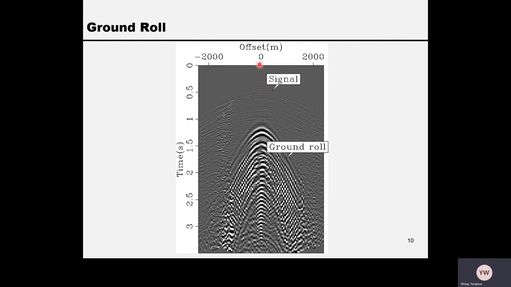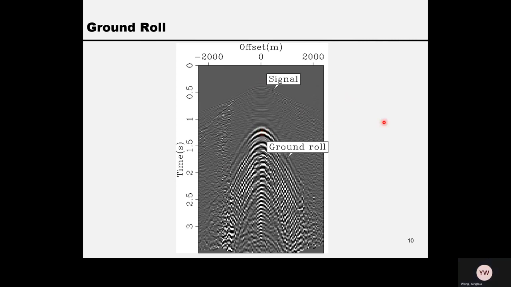In the x direction the offset is 0, but in the y direction it's not 0. So you have a time delay, and it is evident from this ground roll. The ground roll starts from the source point, but from the actual source point to x equal to 0, there's a distance, you see that? So this distance tells you how far your source is from the receiver line.